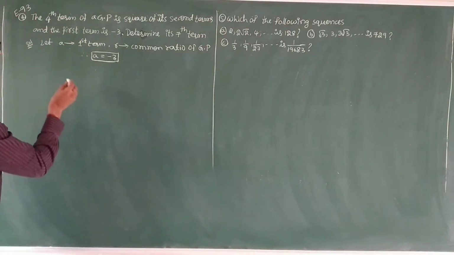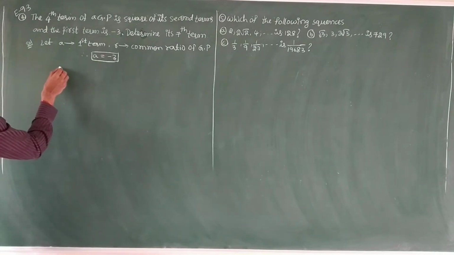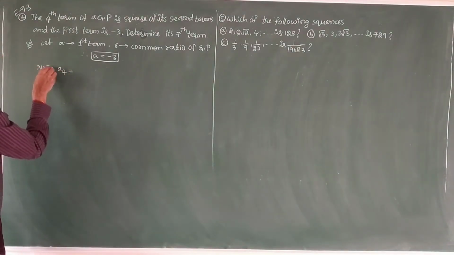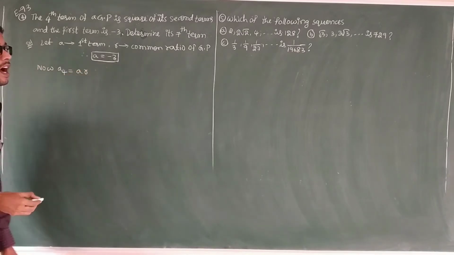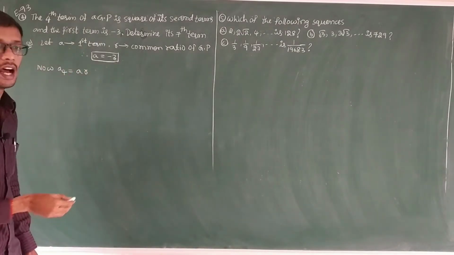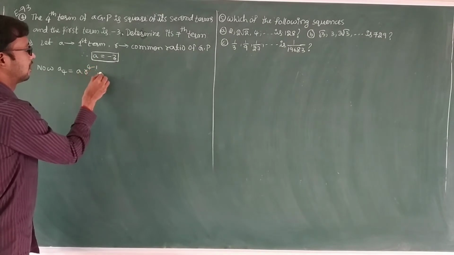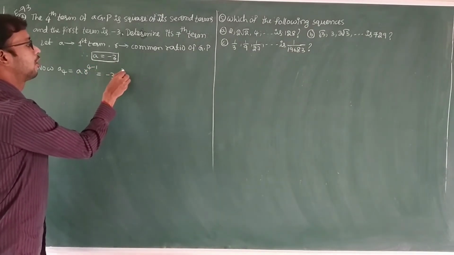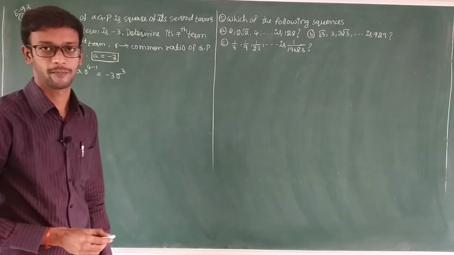Next step, A4 is equal to a r power 4 minus 1, that is equal to -3r cube.